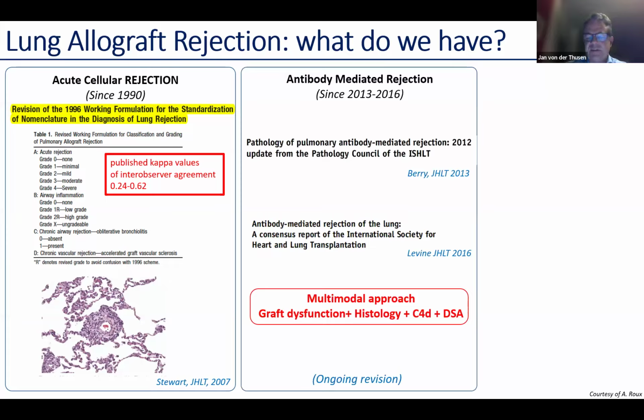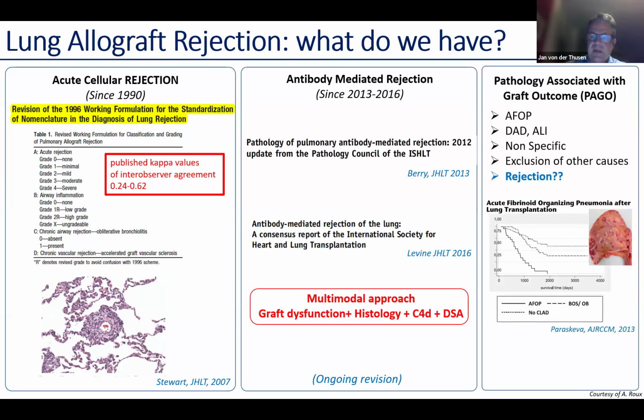It's perhaps even less rosy when it comes to the antibody-mediated rejection, where we have to use a multimodal approach, as Elliot has just mentioned as well, in terms of using both histology features as well as C4D in some cases, and DSAs if they're available as well, which may lead us to the diagnosis of antibody-mediated rejection.